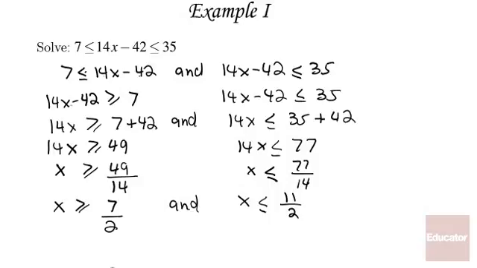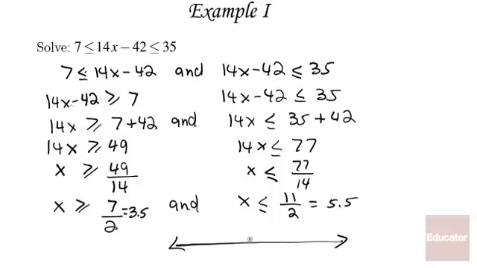Now, the intersection of these, graphing this out. Well, this is 2, 4, 6. So this is about 3.5, and this is equal to 5.5.